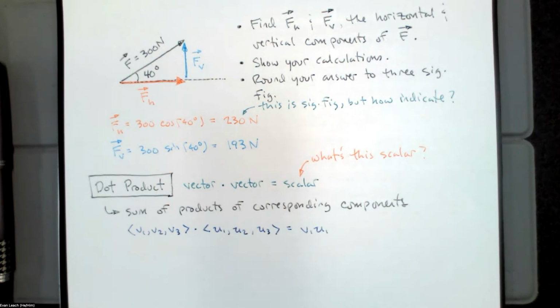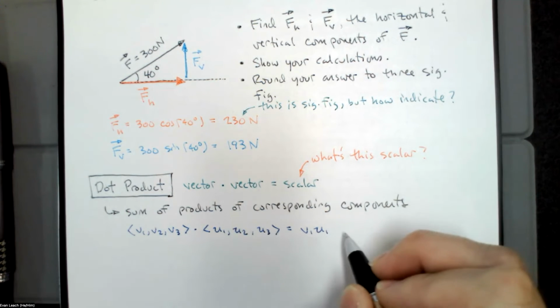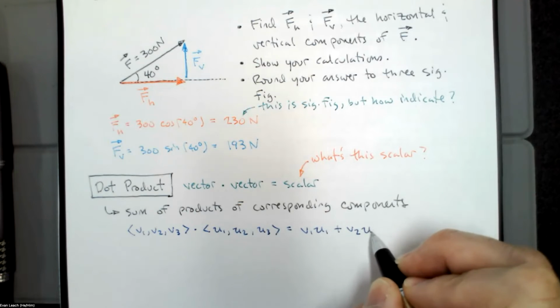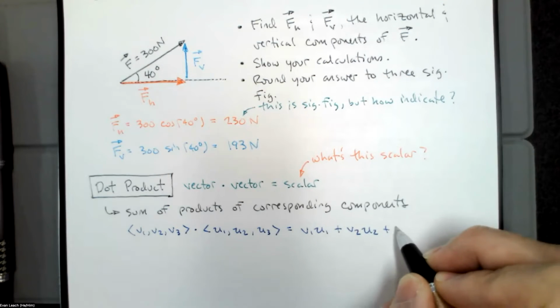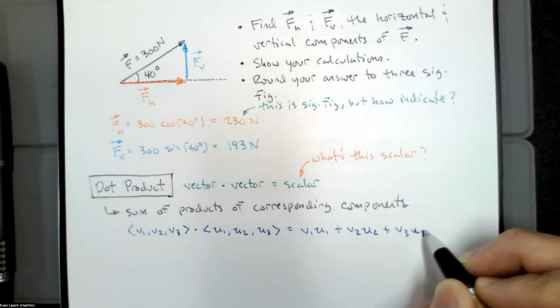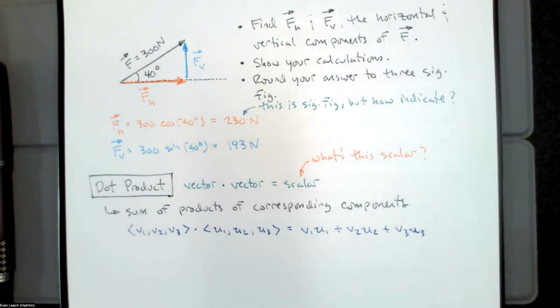That's just plain old scalar multiplication, a scalar times a scalar, product of the corresponding components. V2 U2, V3 U3. The sum of the products of the corresponding components.